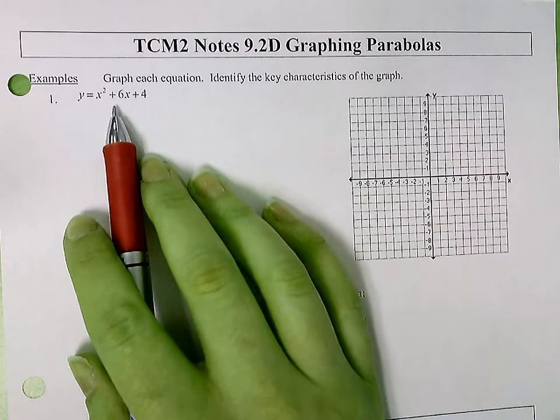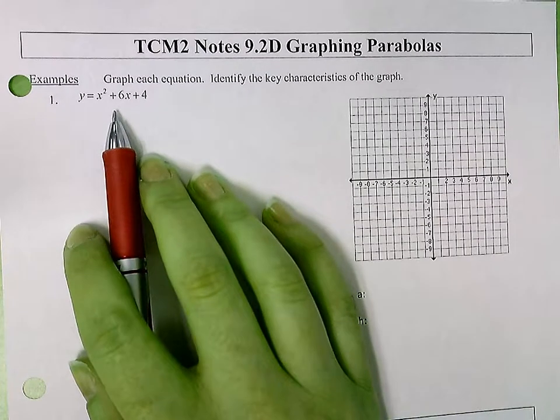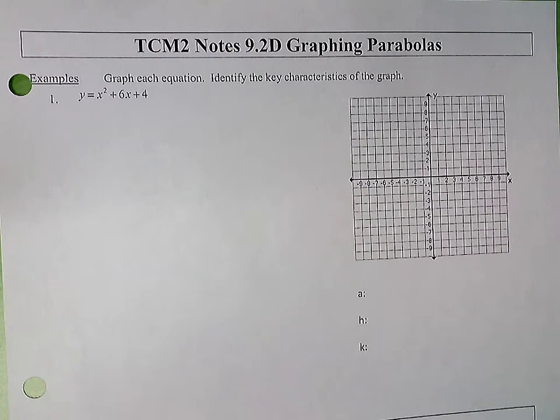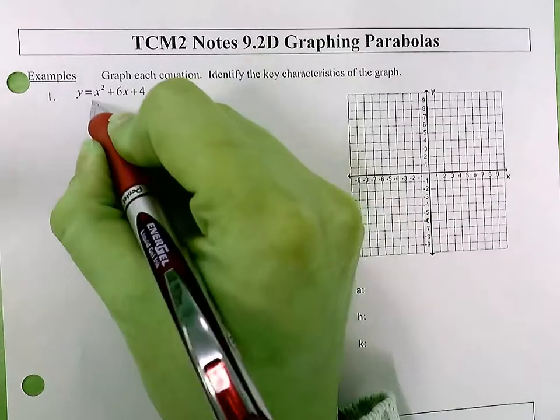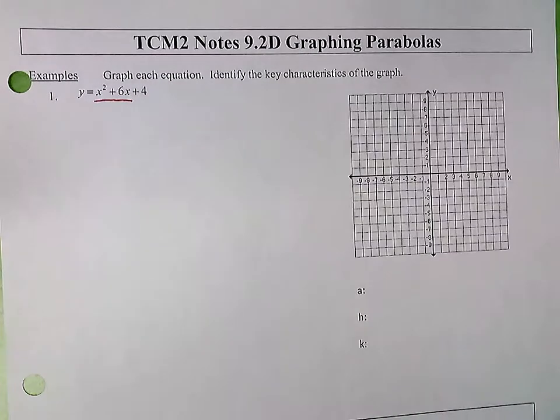So, in order to put this into standard form, we need to complete the square. We've already done that step before. When we're completing the square, we need to look at these first two terms here.